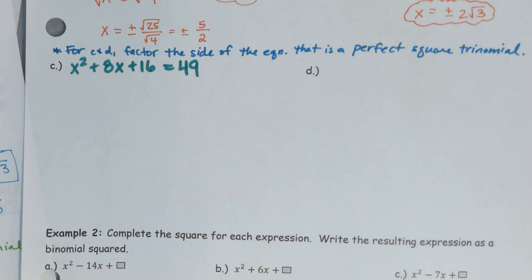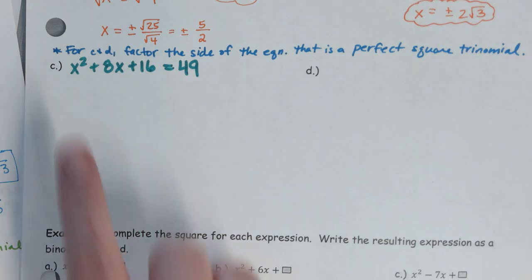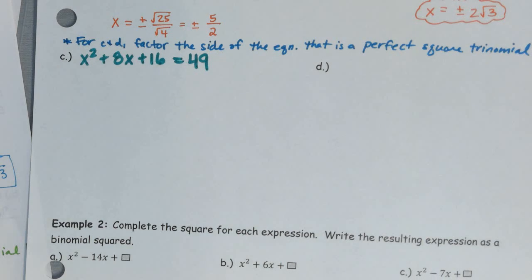So when you're factoring the perfect square trinomial, I said it would be apparent which side is the trinomial. Is that apparent? Yes, which side? The left side, right? The other side only has one number, so it can't be a trinomial, right?